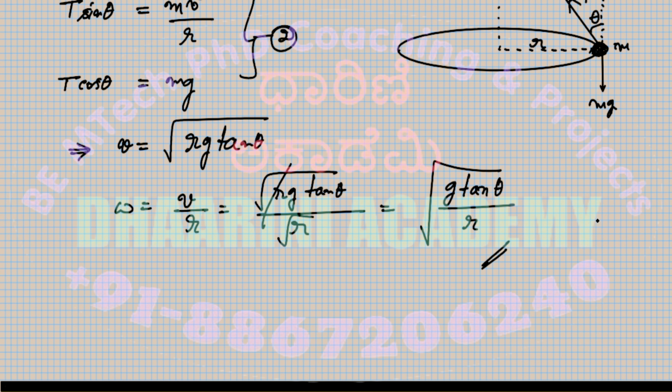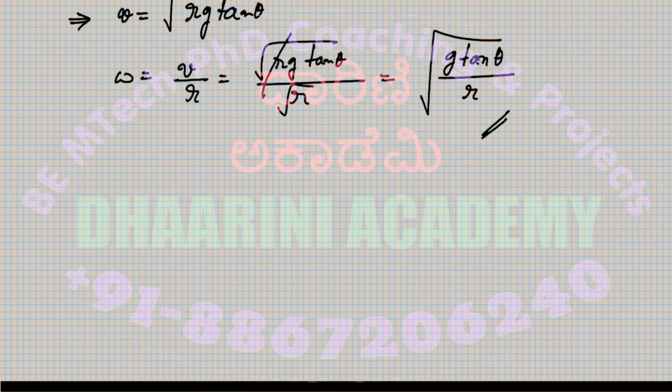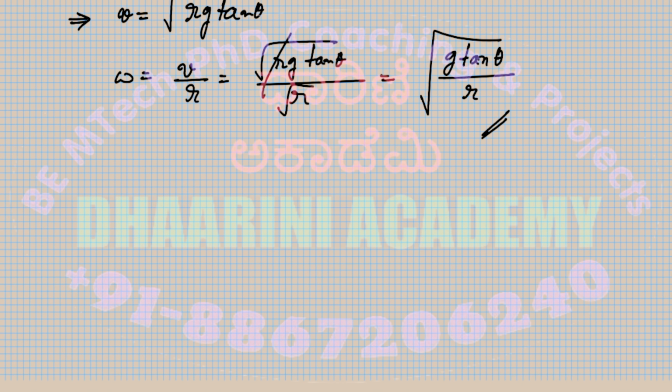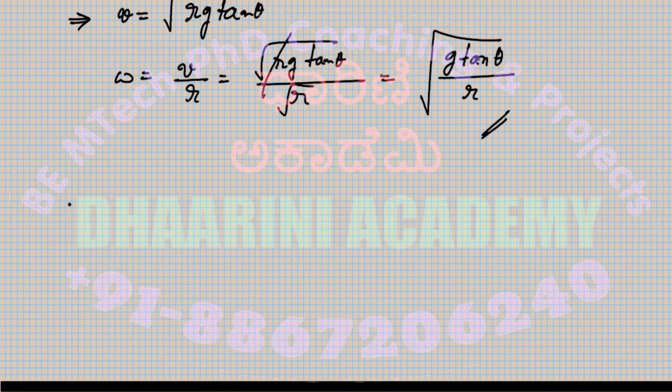Then also we can calculate how much time the pendulum takes to complete one oscillation, or how much time it takes to cover its complete path once. That is called the time period. So also the time period of the pendulum.